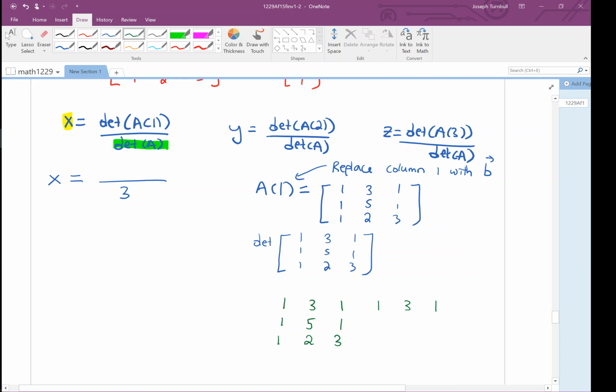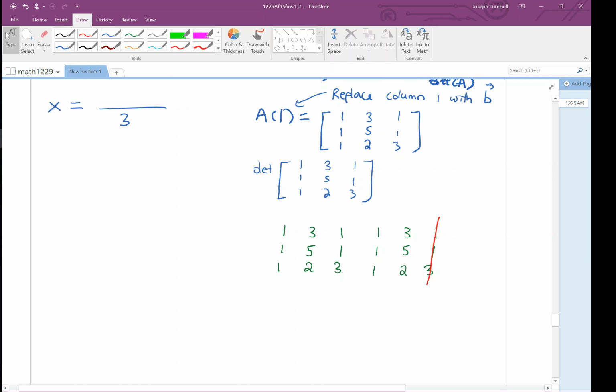Happy threes. 5, 1, 1, 2, 3. Okay, and then we hide the last column. And then our determinant is going to be 3 down products minus 3 up products. Downs minus ups.